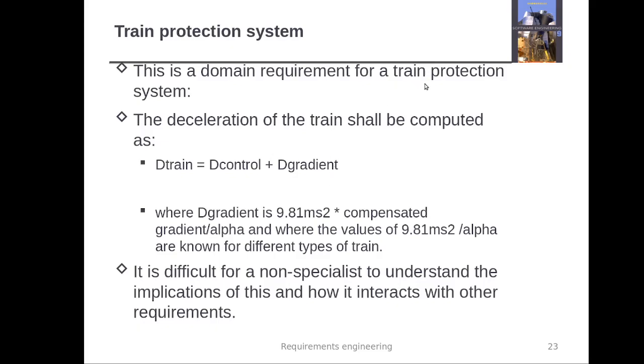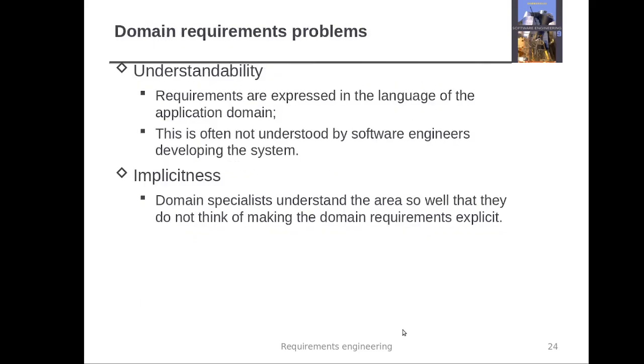So either the people who are in the domain of the train system could specify this in our language so that we could understand, or in our team we should have a specialist of this particular domain, right? So the understandability problem is there.